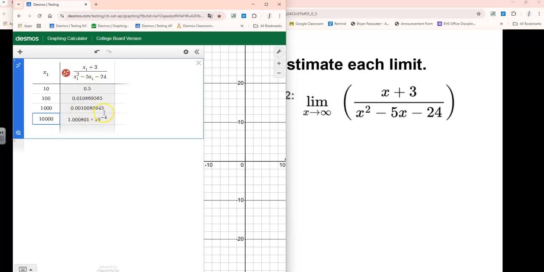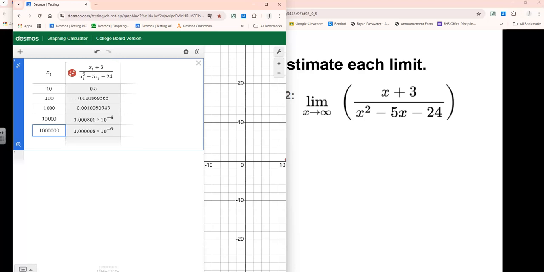So the scientific notation with a negative exponent, what does that mean when we have scientific notation with a negative exponent? Decimal gets moved to the left. So that means that's a tiny number, right? And if I keep going, I just keep putting a lot more. You can see that negative exponent just keeps getting higher. What is this very, very, very close to? 0.